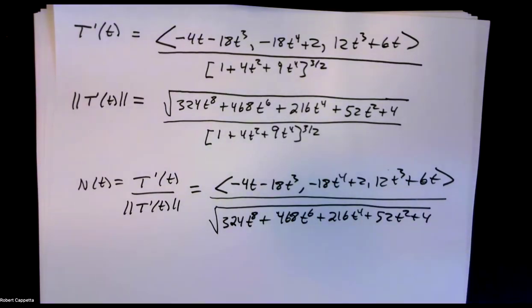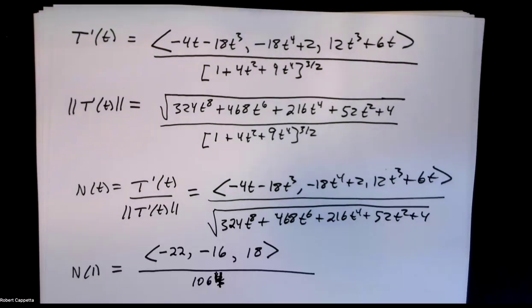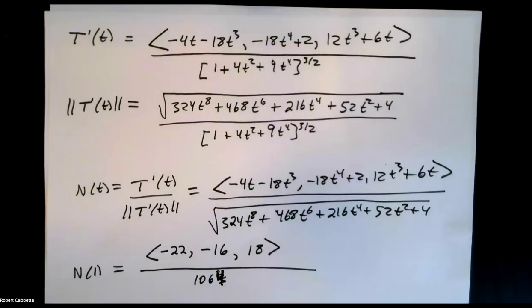So of course, what do I want to do now? I want to figure out what N of 1 is. So we get this lovely looking thing, negative 22, negative 16, 18, all over the square root of 1064. So let's reduce that fraction, see what we get.